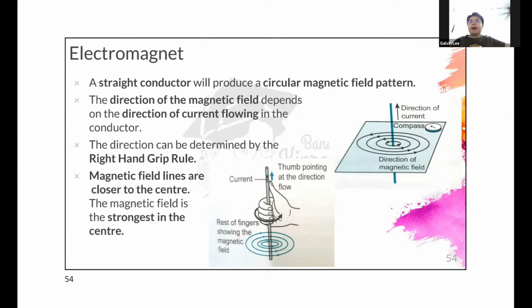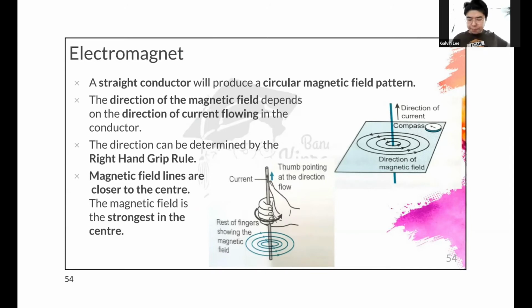Now, either North Pole or South Pole is not that important yet. What is important is the direction of the magnetic field lines. Correct? Because when you study magnetic field lines, you study about direction. North going to south, right? You learn about the direction. So now let us know the direction of the magnetic field first, okay?